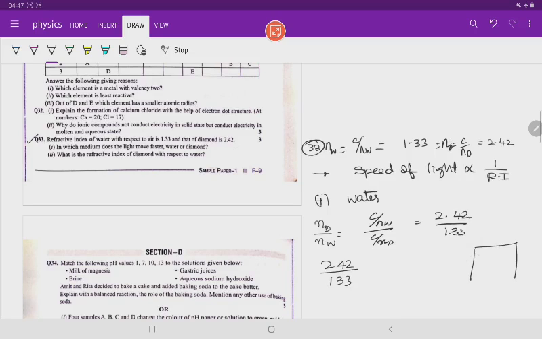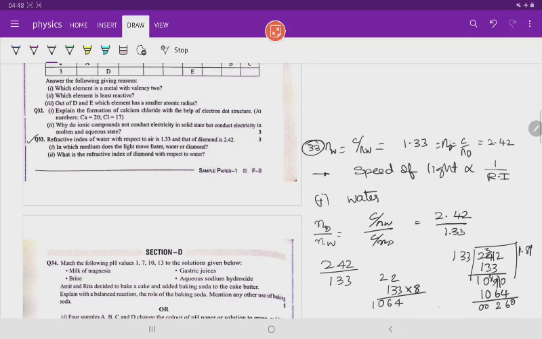So you get 242 divided by 133, and somewhere nearby 1.8.